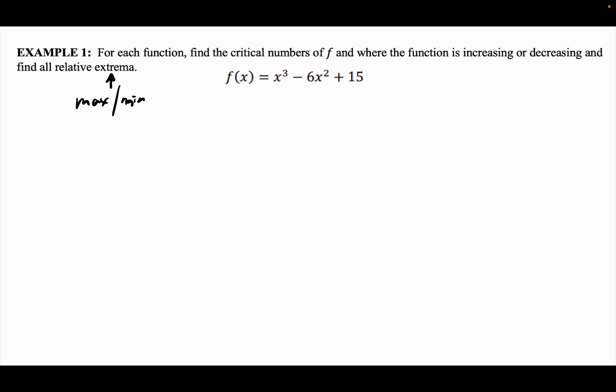The first thing I have to do is figure out where it is increasing and where it is decreasing, because when it changes from increasing to decreasing or decreasing to increasing, that's going to be a maximum or minimum. So the first thing is, where are those points? What do we call those? Critical numbers, sometimes called critical values.